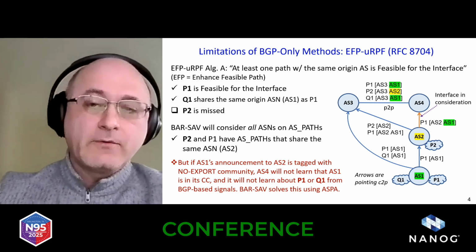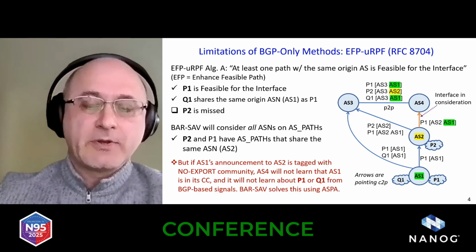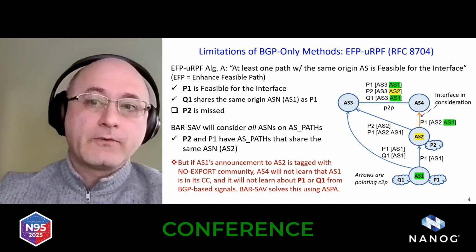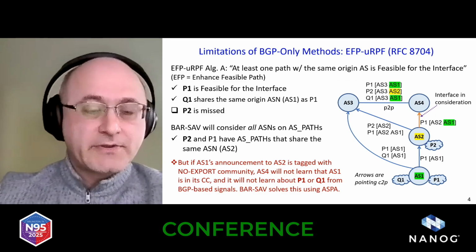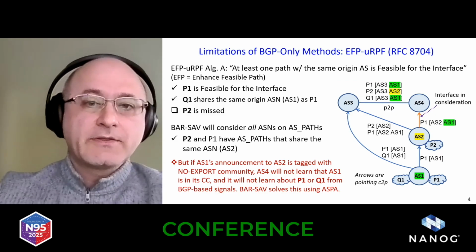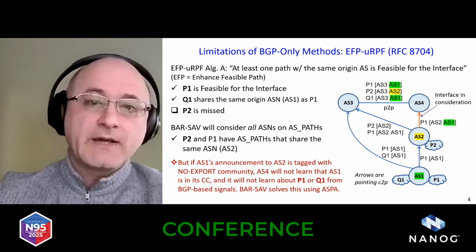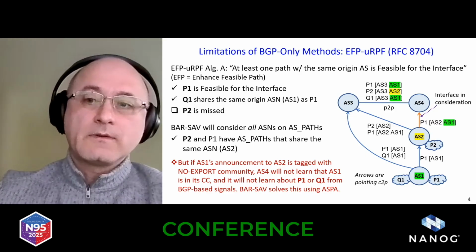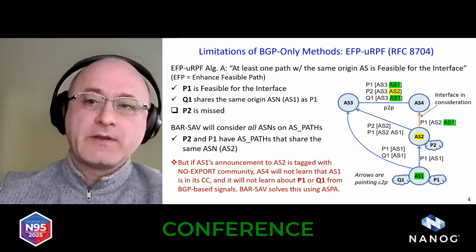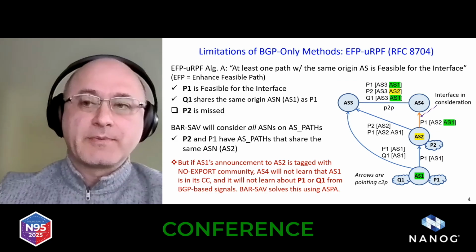Now, BAR-SAV also improves, even without looking at those other things like ASPA and ROA, the processing of BGP path advertisements. So BAR-SAV would, in this scenario, discover P2, because instead of just looking at origin AS, BAR-SAV will look at the entire AS path and say, if any AS on the AS path from a feasible path shares an AS with any other prefix, that other prefix is allowed.